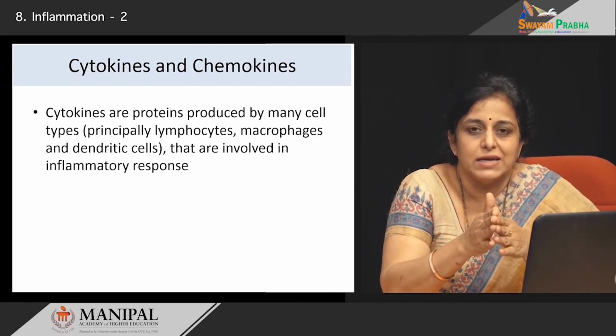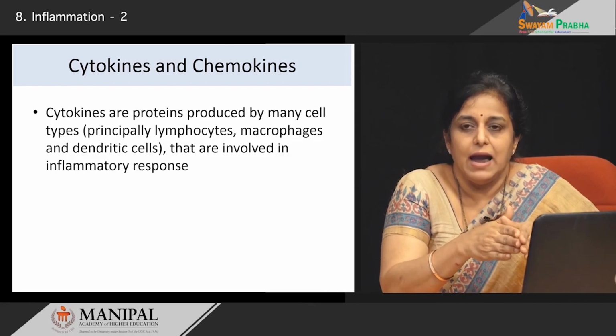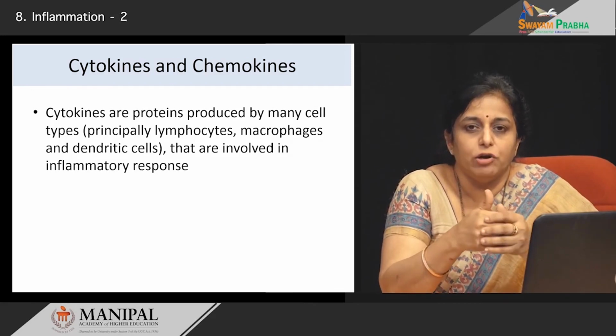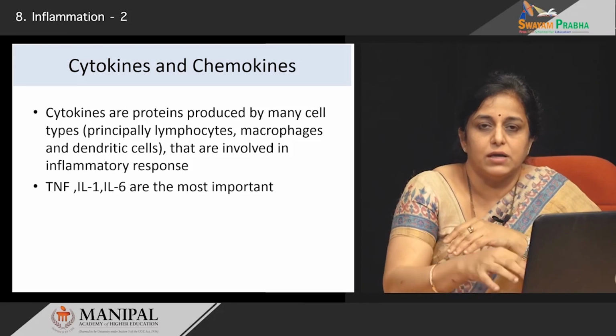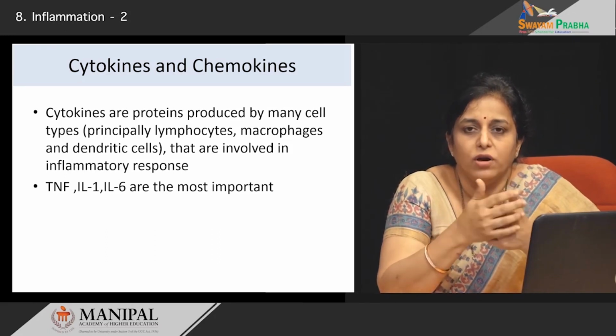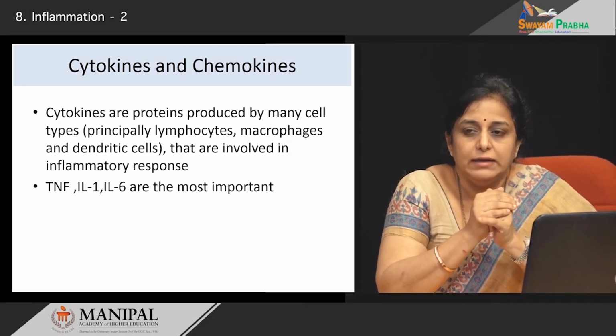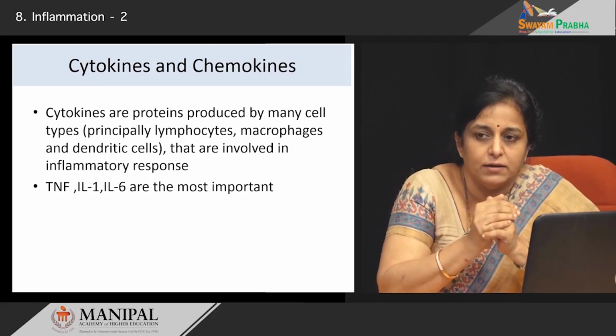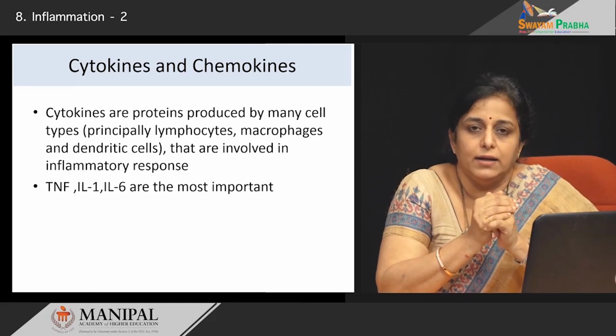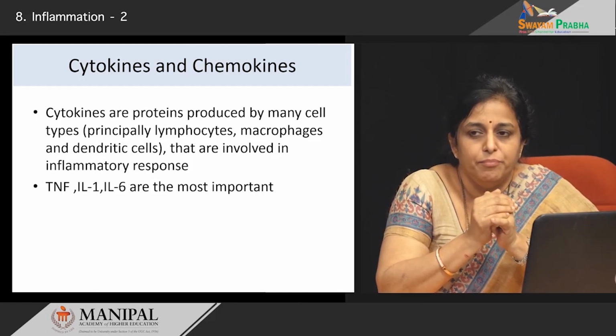As the name says, they are produced by cells and have a very important role in the inflammatory response. There is a long list of cytokines, but the most important among them are TNF or tumor necrosis factor, interleukin 1 and interleukin 6. These are the major ones.